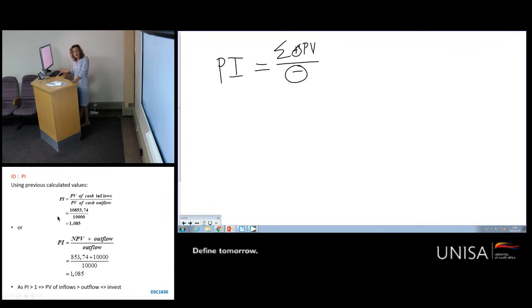Lastly, because it is greater than 1, it means the top part of your fraction is bigger than the bottom half of your fraction, so the present value of the cash inflows is bigger than the outflows, and that will be then a good investment.